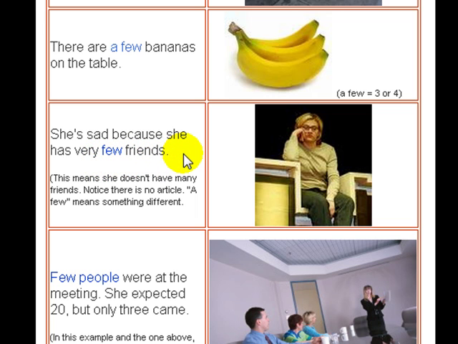Hey, we can count friends. 1 friend, 2 friends, 3 friends. Okay? She doesn't have few. She would imagine that it'd be nice to have 10 or 20 friends, but she's only got 1 or 2. And so compared to what she would imagine having, she has few friends.